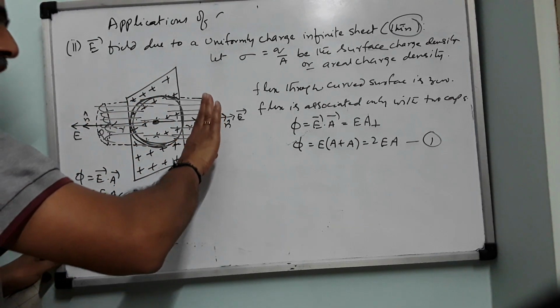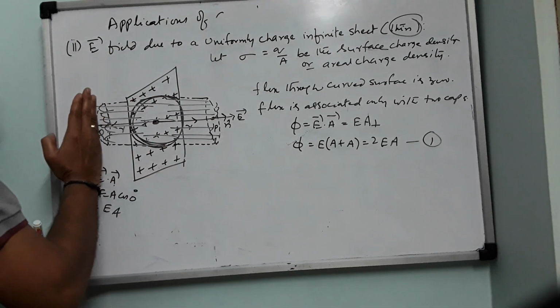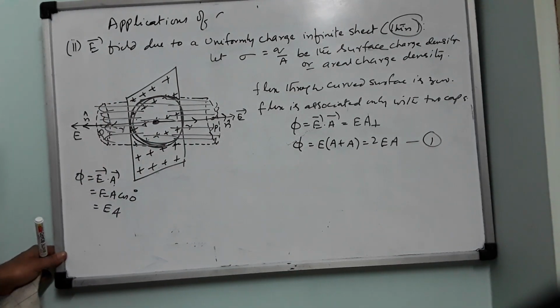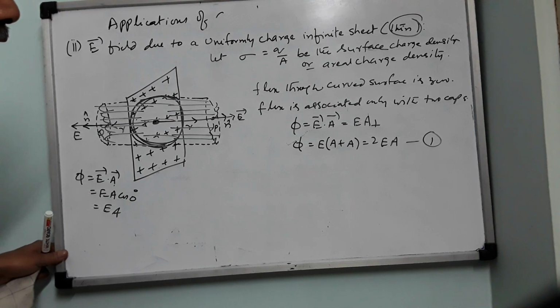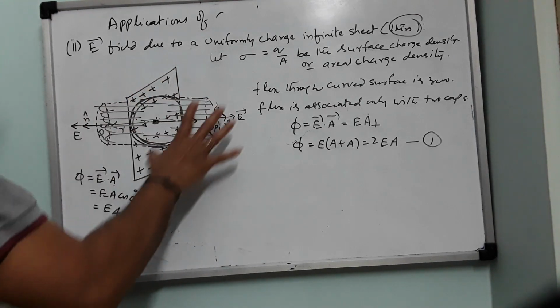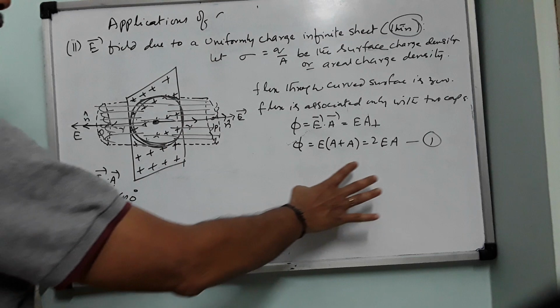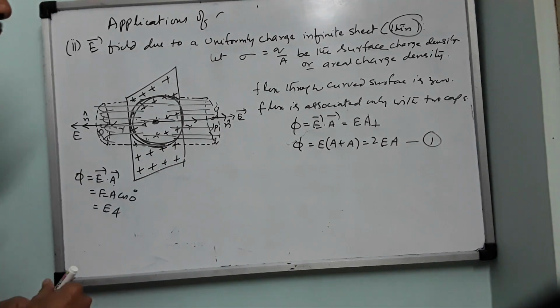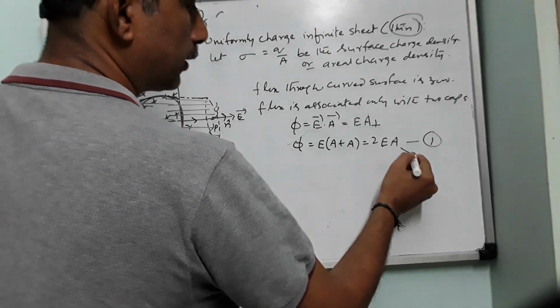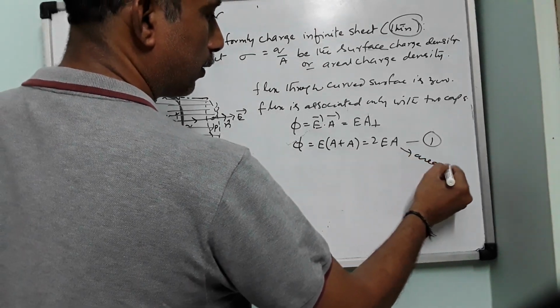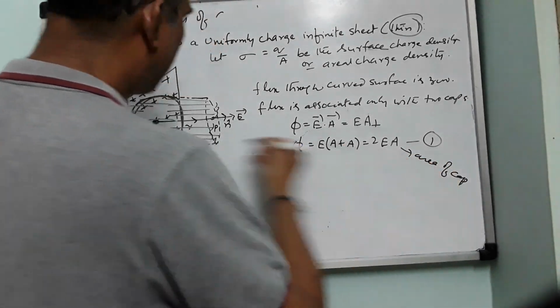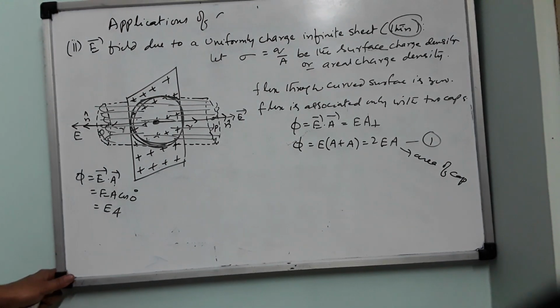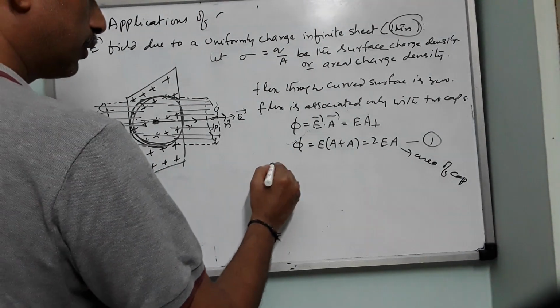Though the field is in this direction, both fluxes will add up because of the scalar nature. So the total flux through the cylindrical Gaussian surface is only 2 into E into A, where A is the area of the circular cap.